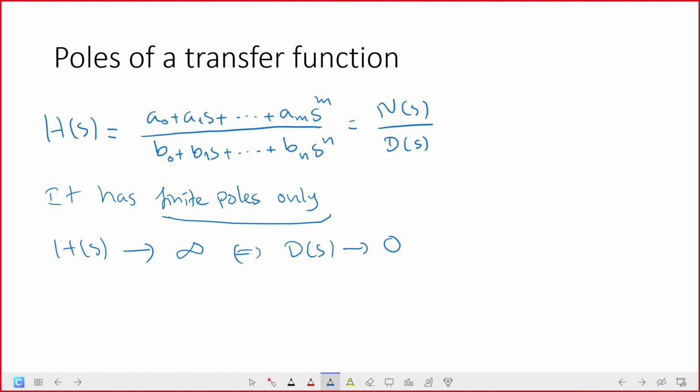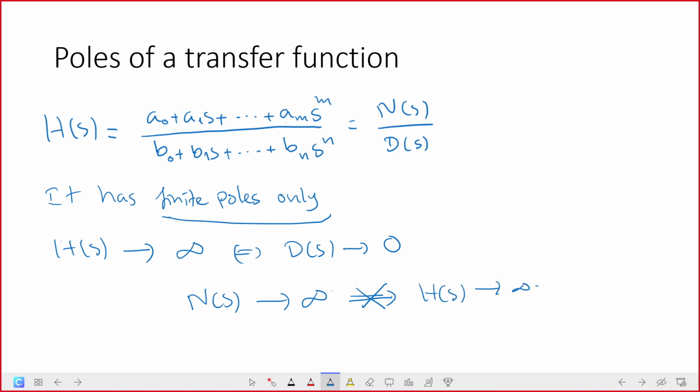I explain this way just to clarify that it has finite poles only, because if we consider s going to infinity, h cannot go to infinity. I mean, if n of s goes to infinity, it does not imply that h of s goes to infinity.